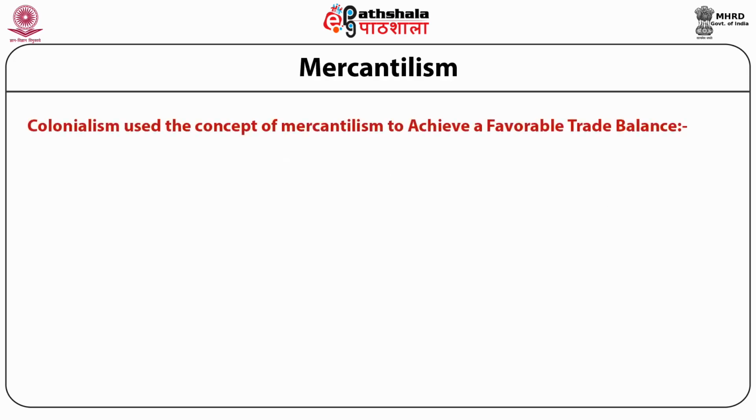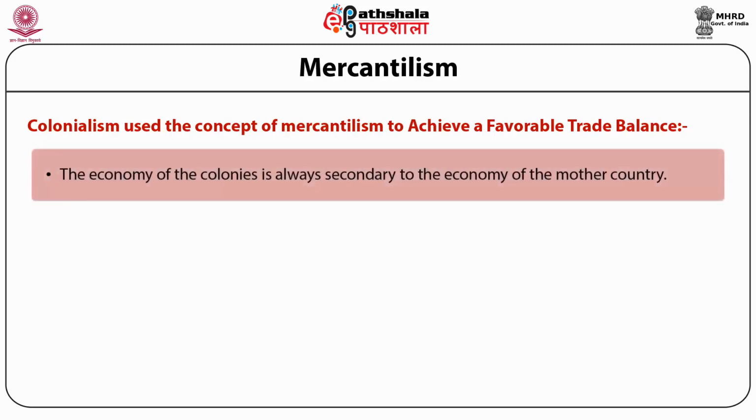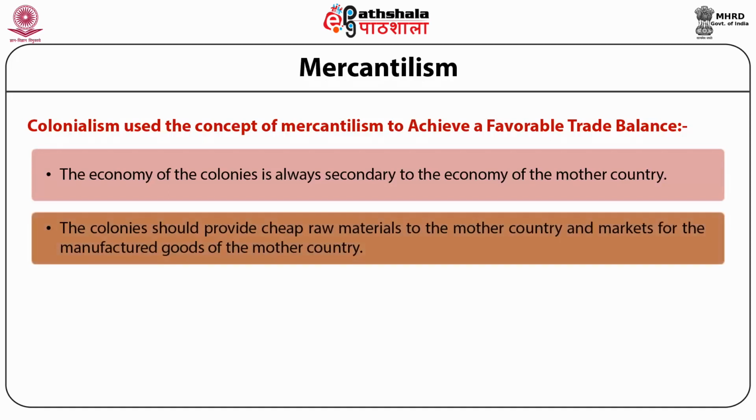Colonialism used the concept of mercantilism to achieve a favorable trade balance. First, the economy of the colonies is always secondary to the economy of the mother country. Second, the colonies should provide cheap raw materials to the mother country and markets for the manufactured goods of the mother country.